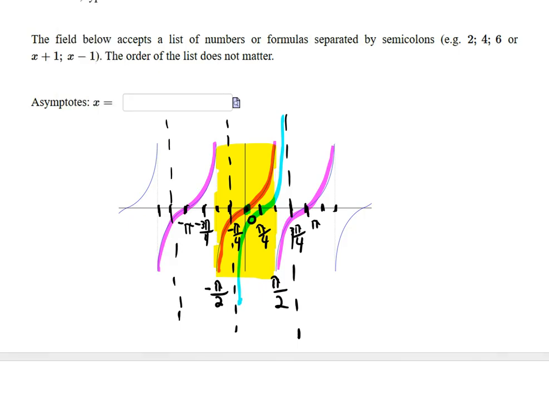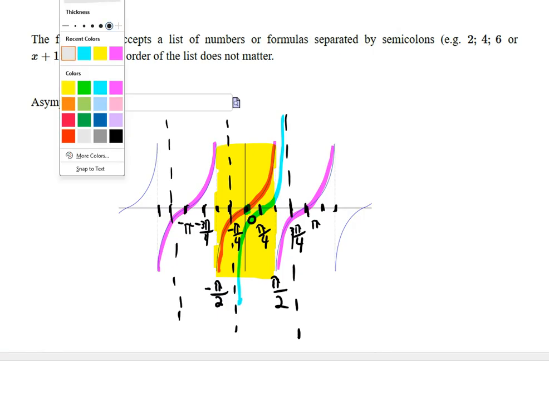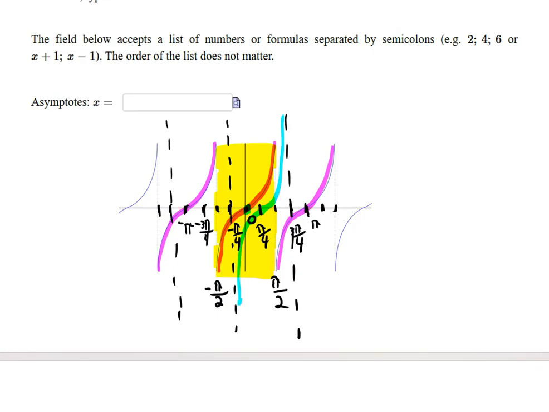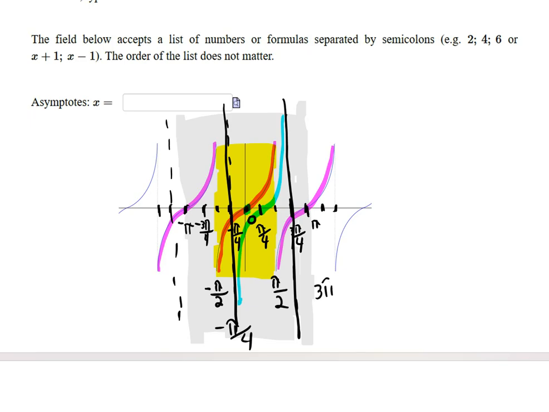We're supposed to come up with all the asymptotes from negative pi to positive pi. So I only want my dashed lines that I drew in between those two numbers. So there's only two of them. It's this one here, which is at negative pi over 4, and this one here, which is at 3 pi over 4. So that's what I'll type into my asymptotes.